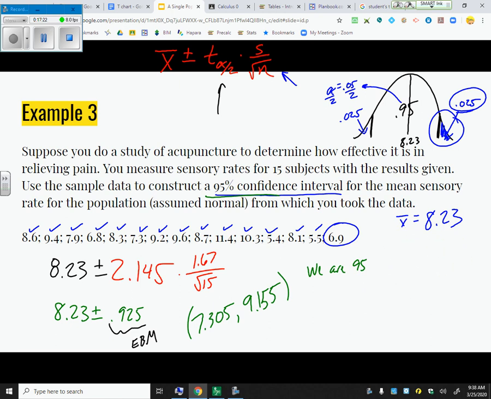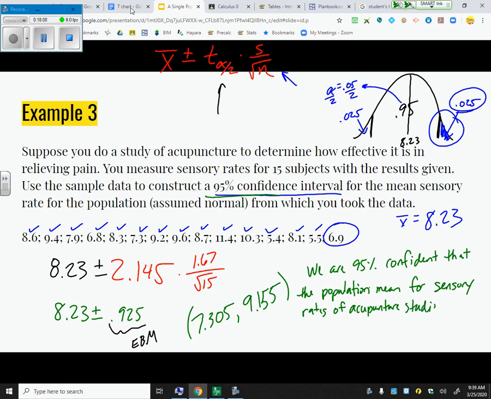We are 95% confident that the population mean for sensory rates of acupuncture studies is between 7.305 and 9.155.